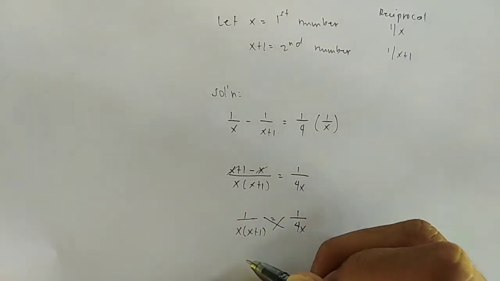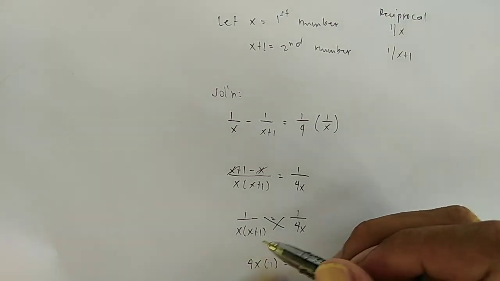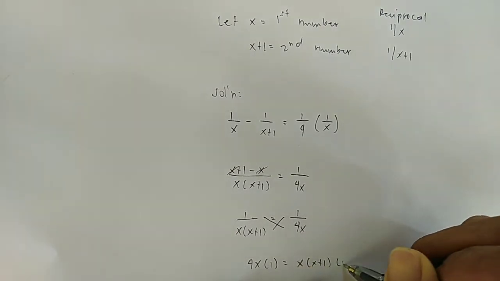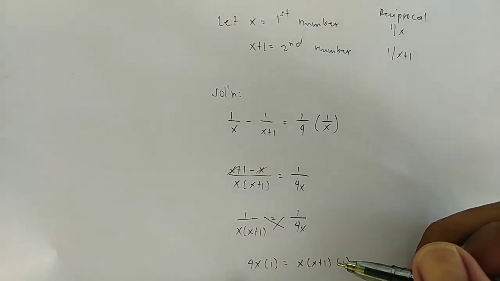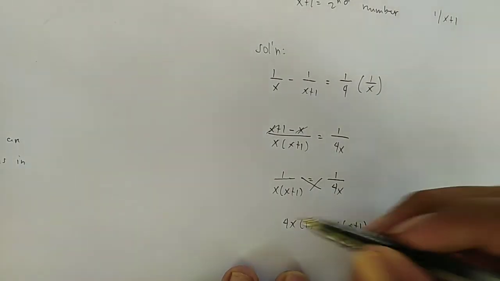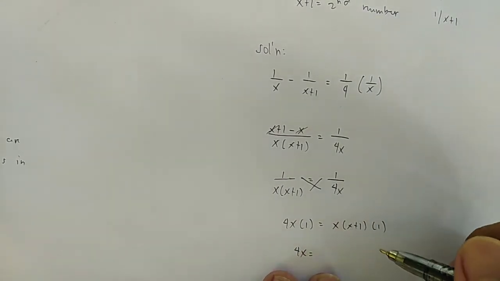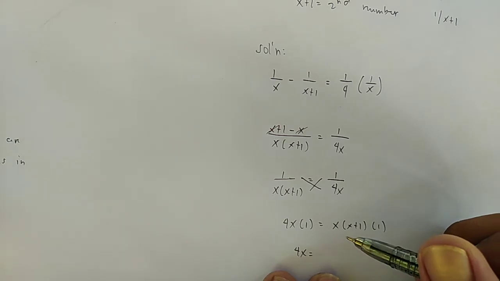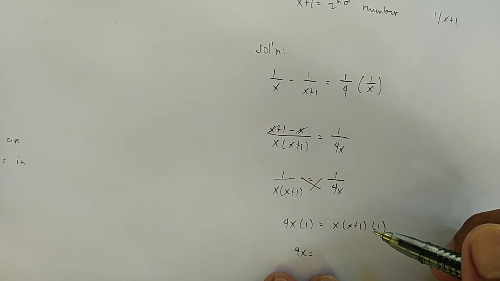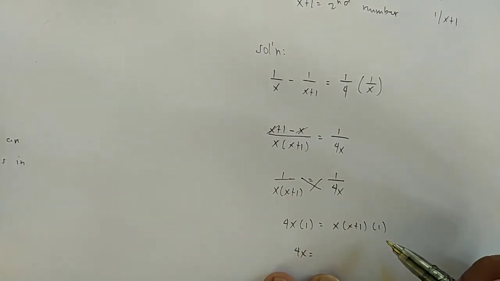So 1 times 4x, that is 4x times 1. Then x times the quantity of x plus 1 times 1, that is x times x plus 1, or the quantity of x plus 1 times 1. Then simplifying further, we can get 4x times 1, that is 4x, is equal to x times x plus 1 times 1.